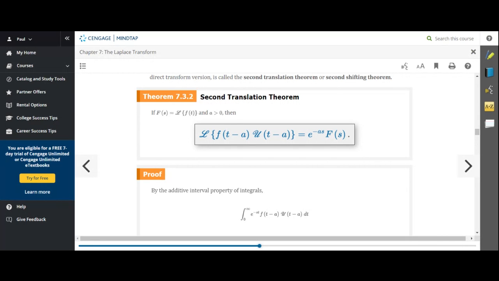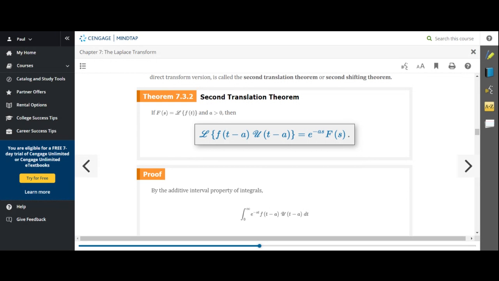If you take the Laplace transform of a function f evaluated at time t minus a, well, we're taking a Laplace transform of a function of t. What is that function of t? It's f of t minus a times the step function at t minus a.